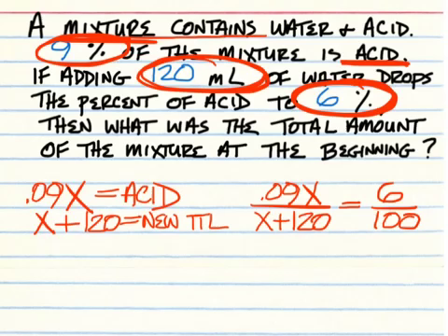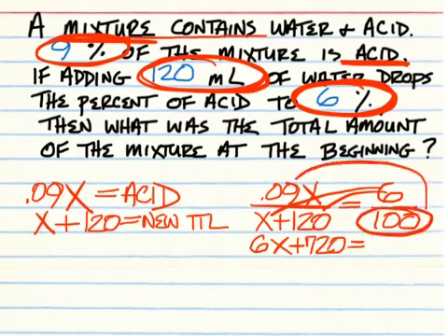Once you have this proportion, you cross multiply. 6 times x is 6x, and 6 times 120 is 720. 100 times 0.09x is simply 9x.